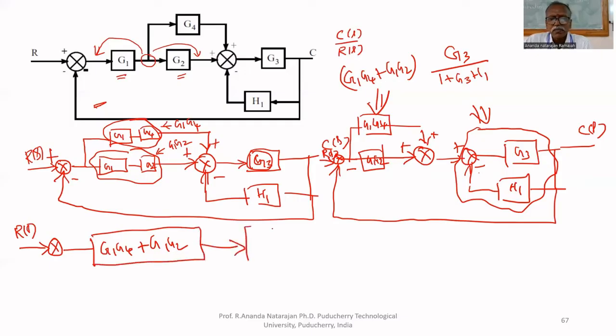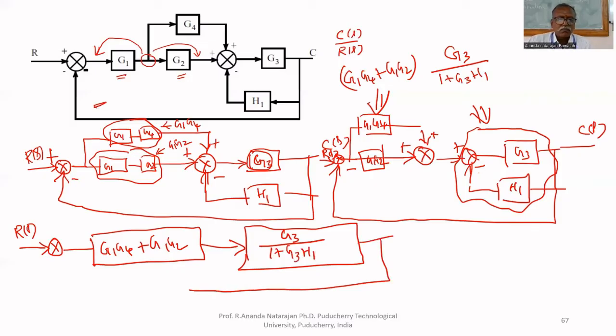And it is given to G3 upon 1 plus G3 H1. So now these two are cascaded blocks. Now these two can be multiplied together.